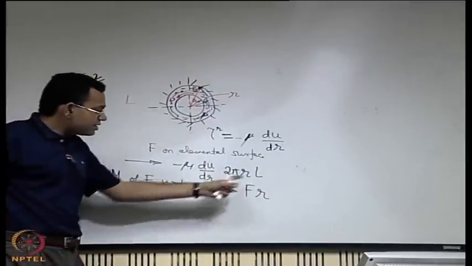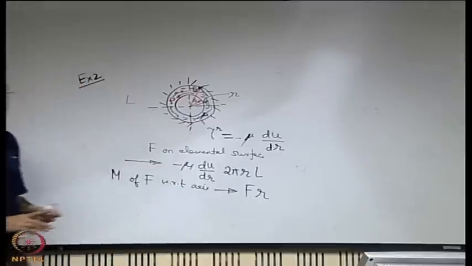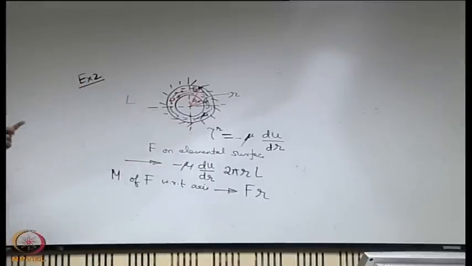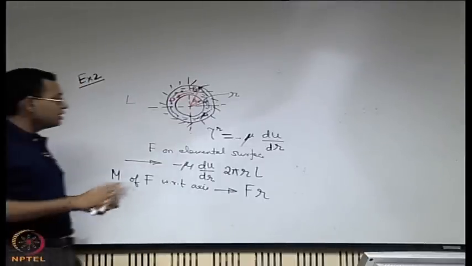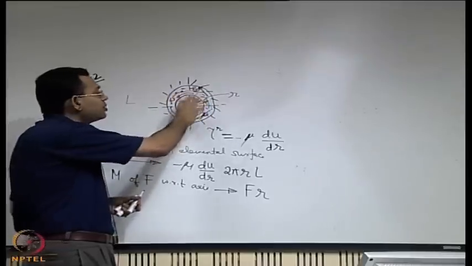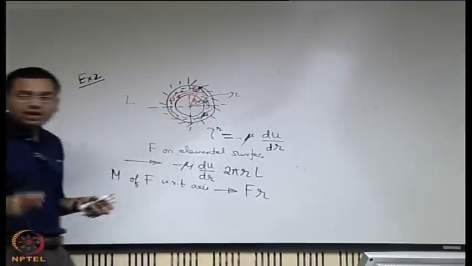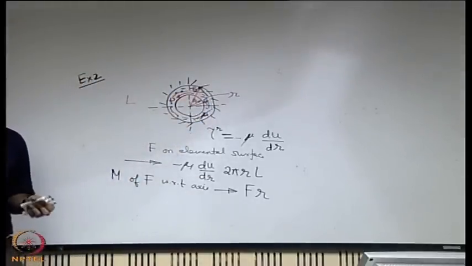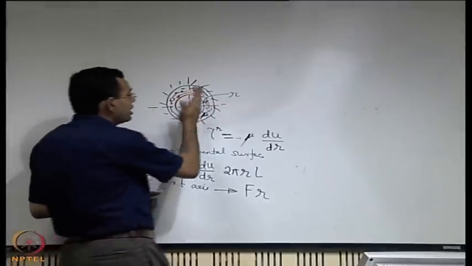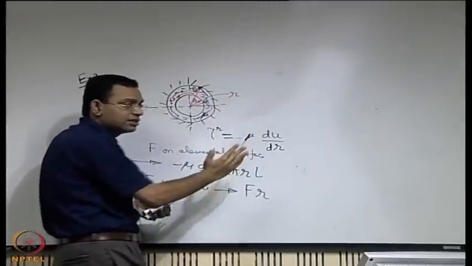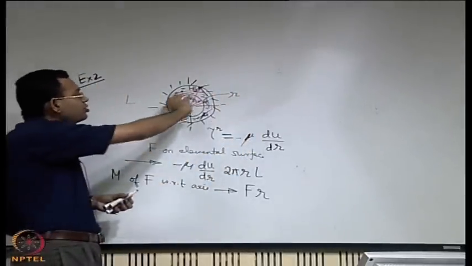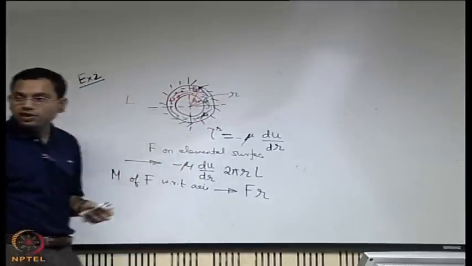Now you have to understand physically what is happening. There is a particular power that is imposed, say a motor is driving this, that means there is a torque being input to the system and the same torque is transmitted across different fluid layers, otherwise it will not be able to rotate with a uniform velocity.